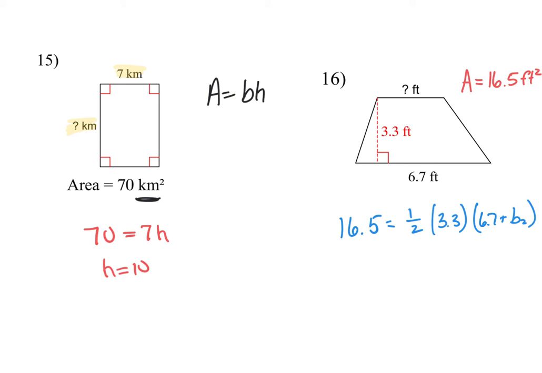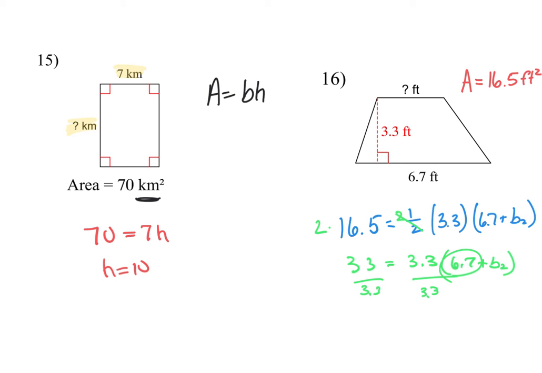All right? So you're just solving here. Divide by your 3.3 and then subtract your 6.7. So you're just back solving into it with algebra. All right? So on that second set of area problems, you're using the same exact formulas.